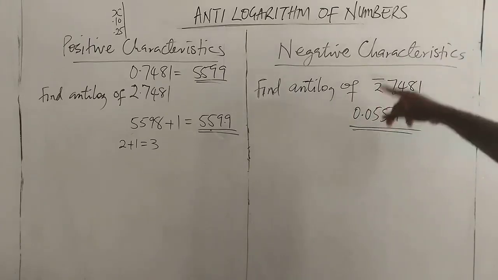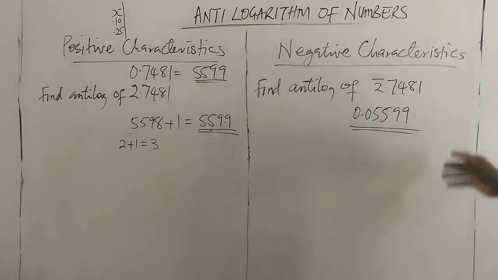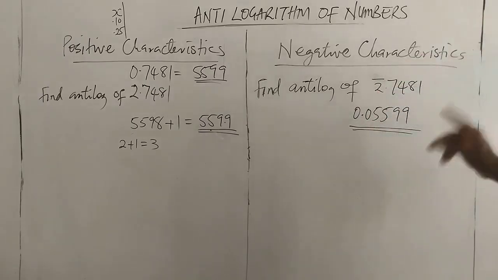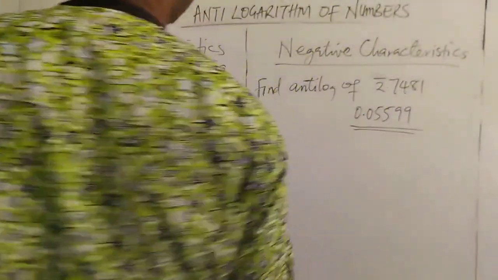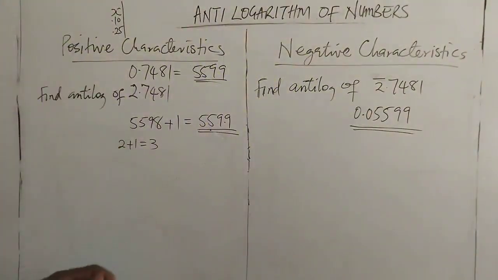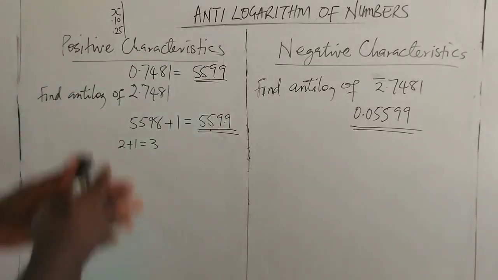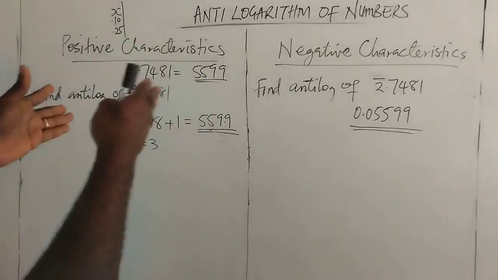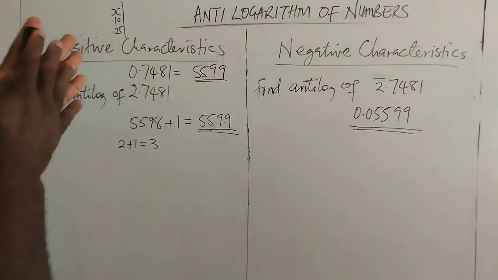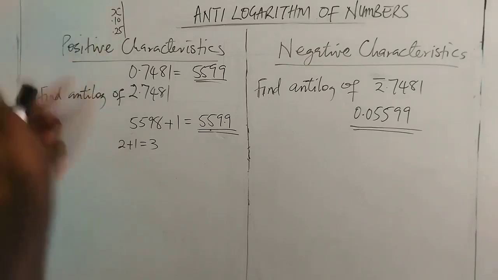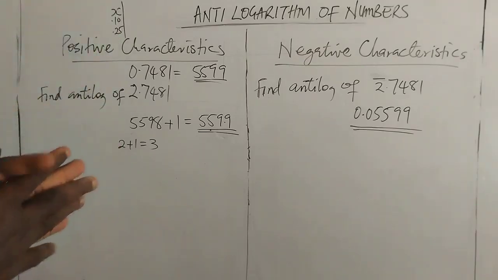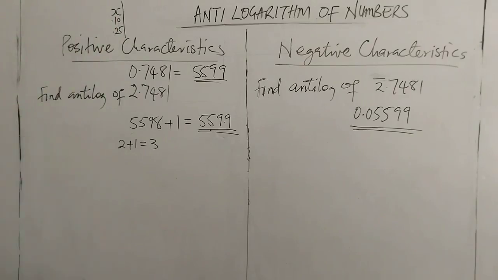If it's bar 3, it will be 3 zeros. If it's bar 1, it will have just 1 zero. That is how we find antilog of numbers. Next, we are going to see how we can do calculations involving numbers using logarithm table. That's the next aspect of this topic we will look at.